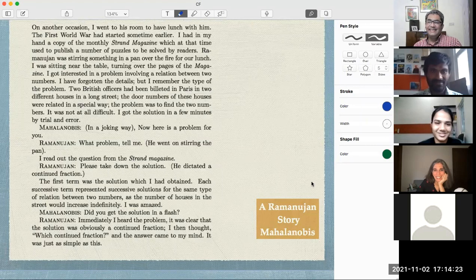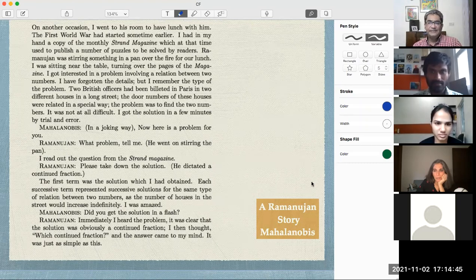So one can imagine the scene that Ramanujan is cooking somewhere, and then Mahalanobis comes, and he keeps cooking, and then Mahalanobis asks him a puzzle, and he says, "Here's a continued fraction for the answer," and it gives an answer which is not just one answer but a string of answers. So he solved a series of problems.